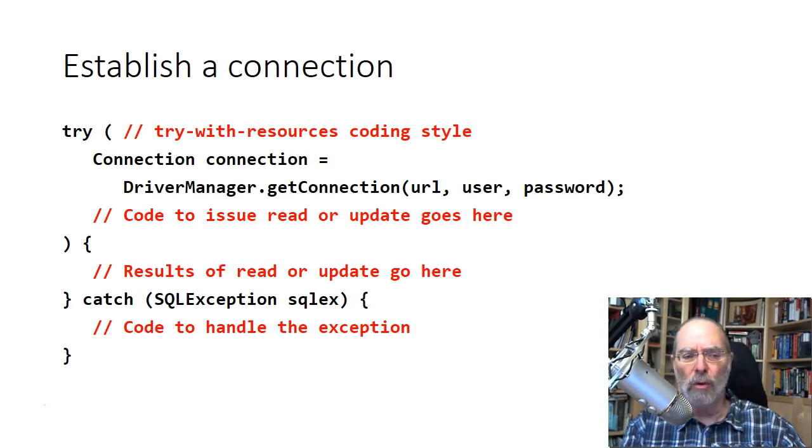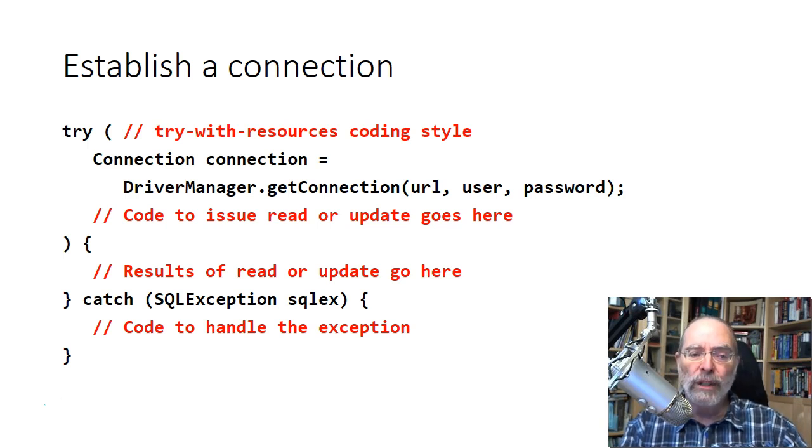So here's our code. First of all, we place the code for connecting to the database in a try with resources. You're all familiar with try catch. In the try, you put code that could throw an exception, and in the catch, you handle it. Starting with Java, I believe it was 1.7, a new style was introduced.